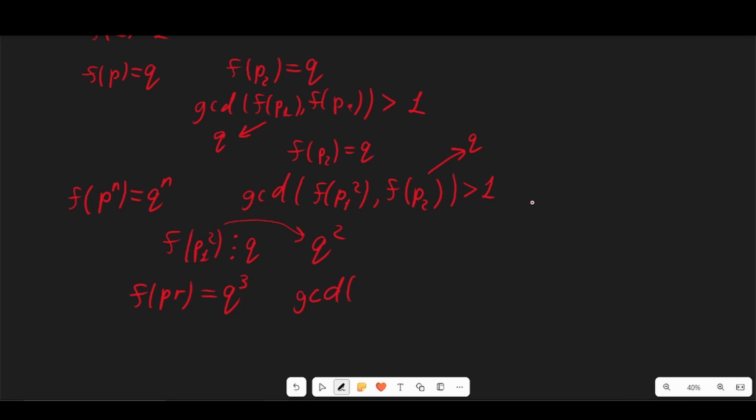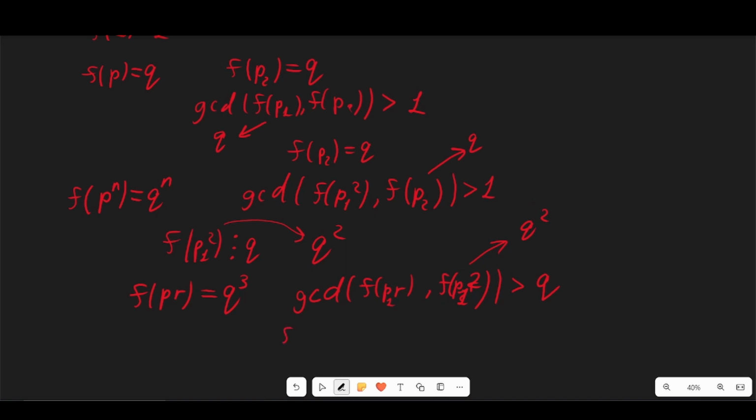If we consider GCD of f of p1r and f of p2r, or p1 squared, it's better to take p1 squared, this is greater than f of p1. So this is greater than q. But we know that this is q squared. So this means that f of p1r is also a multiple of q squared.